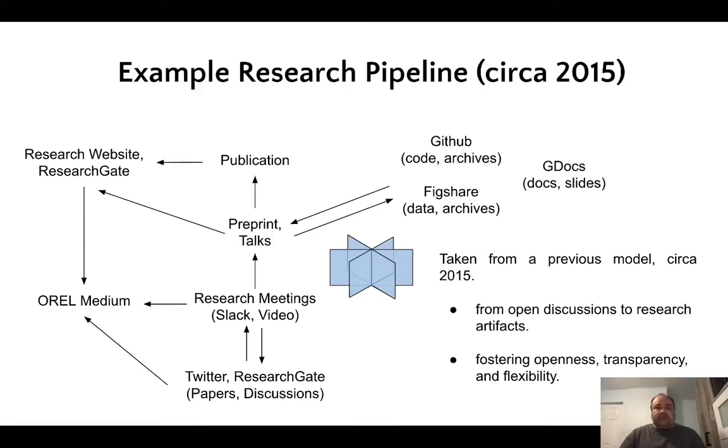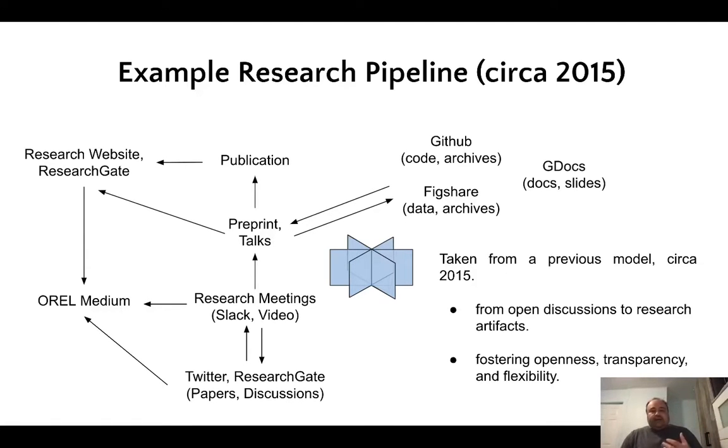So we use a number of technologies such as GitHub, Google Docs, and Figshare, and all of those things can archive different things. Like, Figshare can archive data, GitHub can archive code, GDocs can archive docs or allow you to work with docs across multiple collaborators. GitHub can do this too to some extent, but we try to optimize that mix.